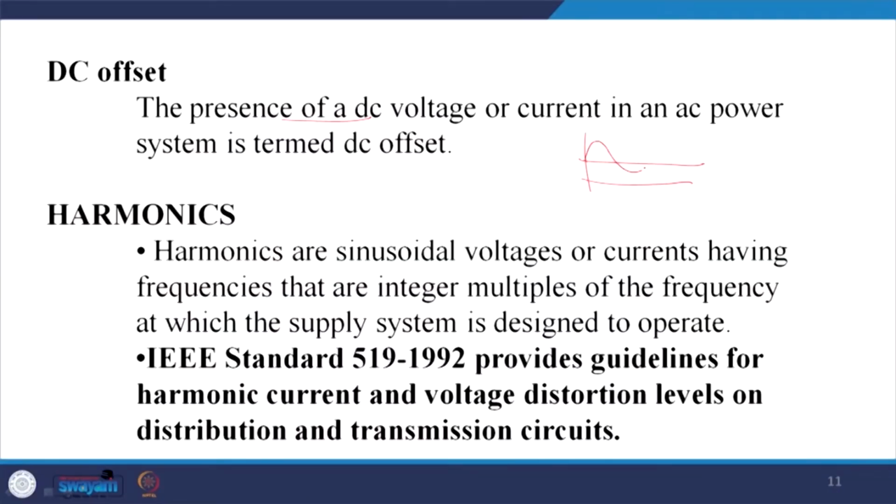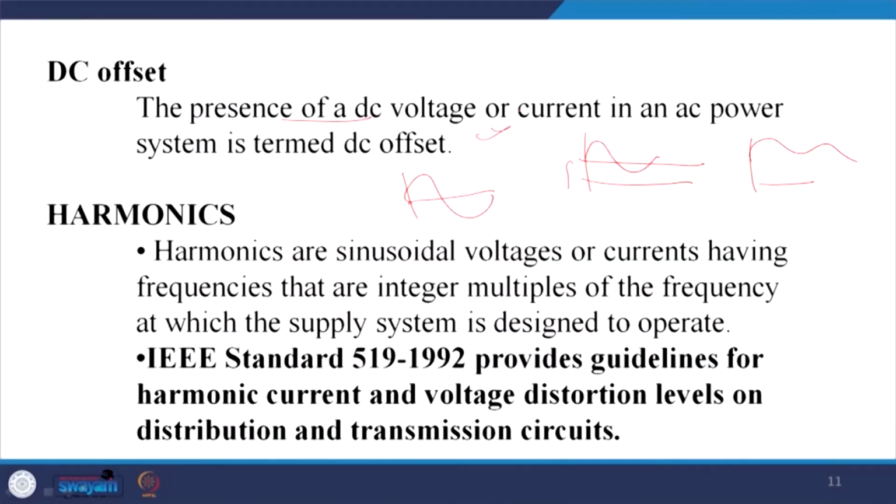DC offset is the presence of a DC voltage or current in an AC power system. You can feed a DC voltage and thereafter have an AC, so the resultant will be this. This amount is a DC offset, or you can have a positive area and negative area mismatch, then also you can have a DC offset.